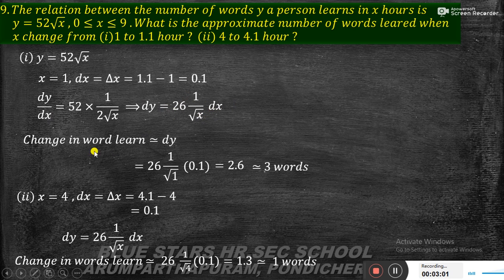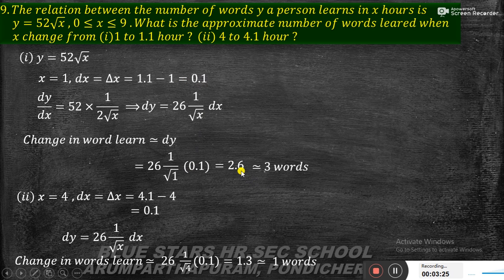This is the equation. Next, change in words learned. So change in the words, I take dy. We know the dy equation, dy equal to 26 into 1 by root x into dx. So I substitute here 26 into 1 by root 1, since the x value is 1, into dx. Dx value is 0.1.